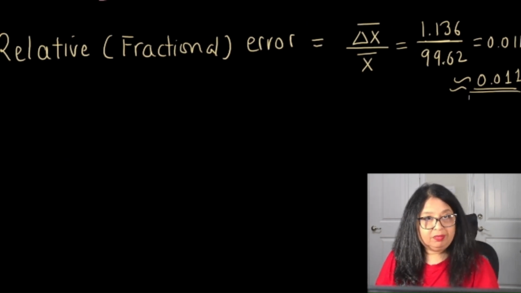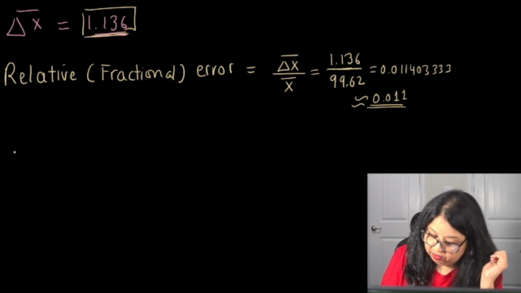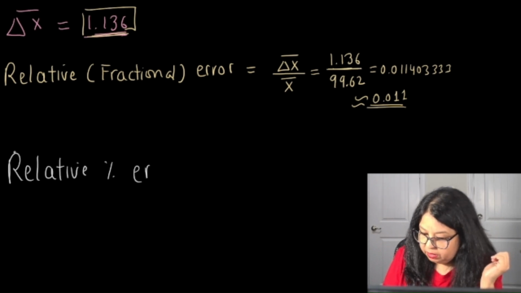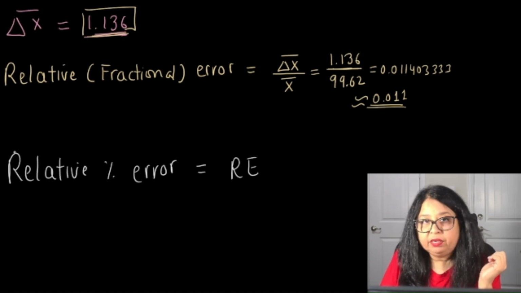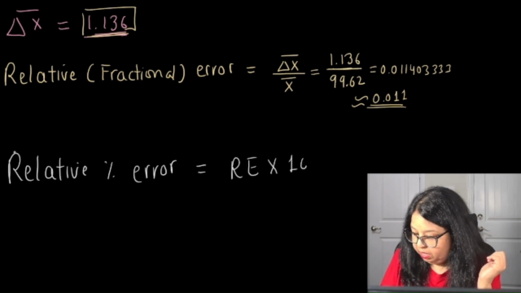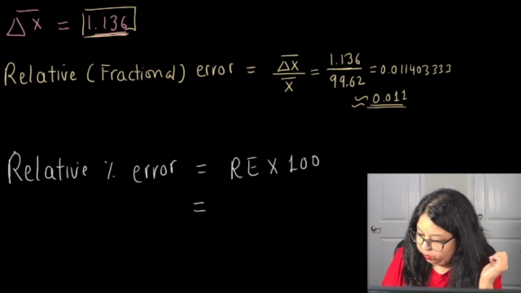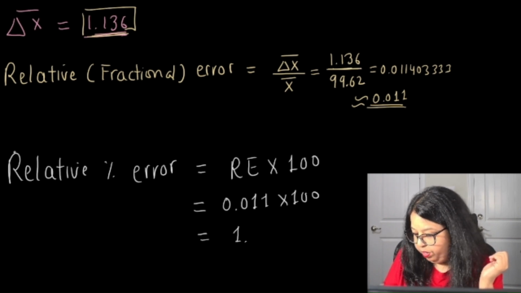Now once this is calculated, the next thing is super easy, which is relative percentage error, which is equal to RE, for relative error, times 100. And we said the relative error is what? 0.011 times 100. This will give me 1.1%.